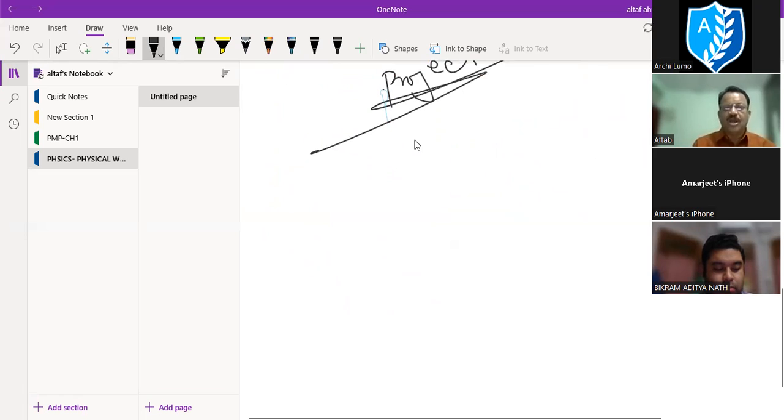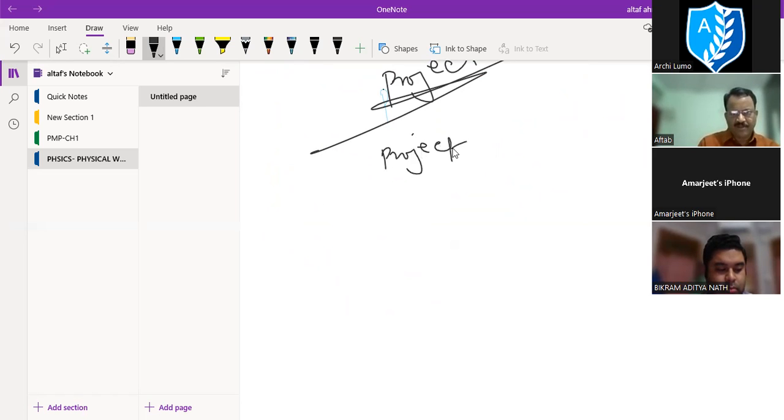But under any project, there will be the WBS, work breakdown structure. How? I will explain it to you.